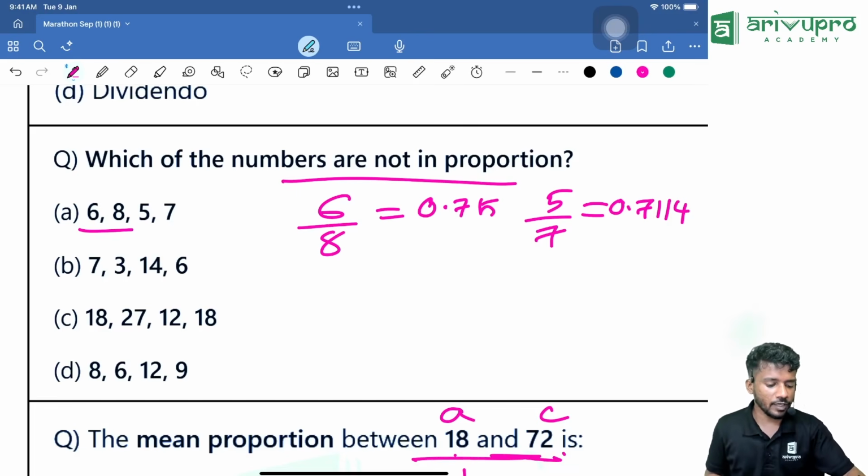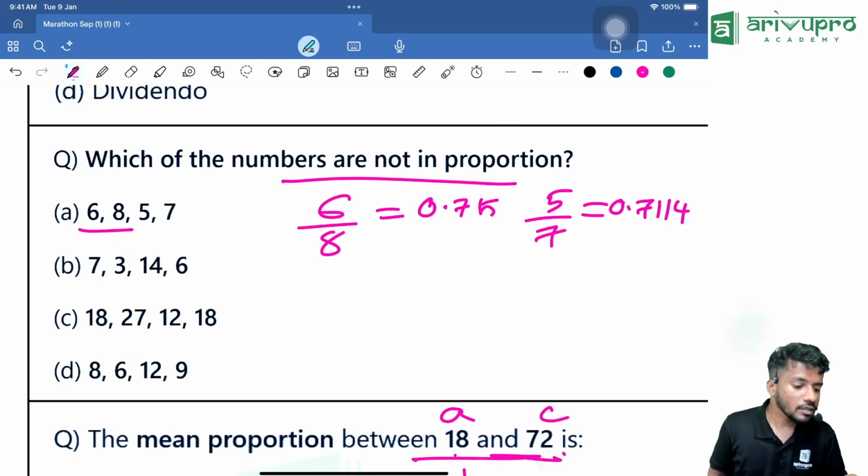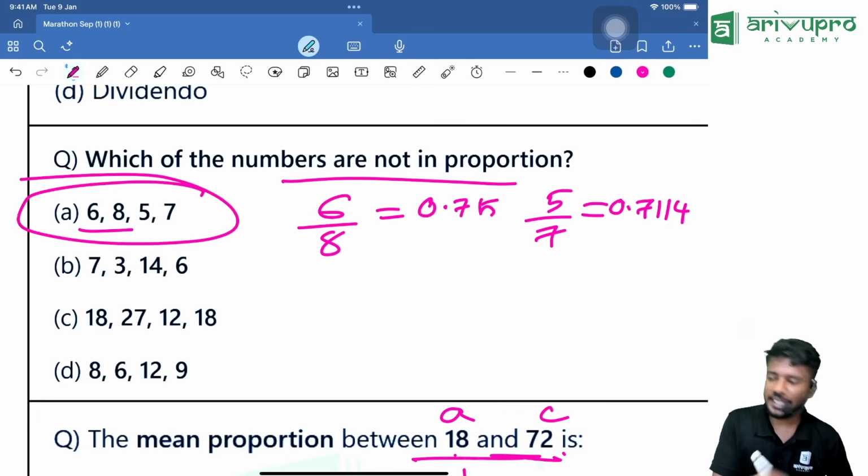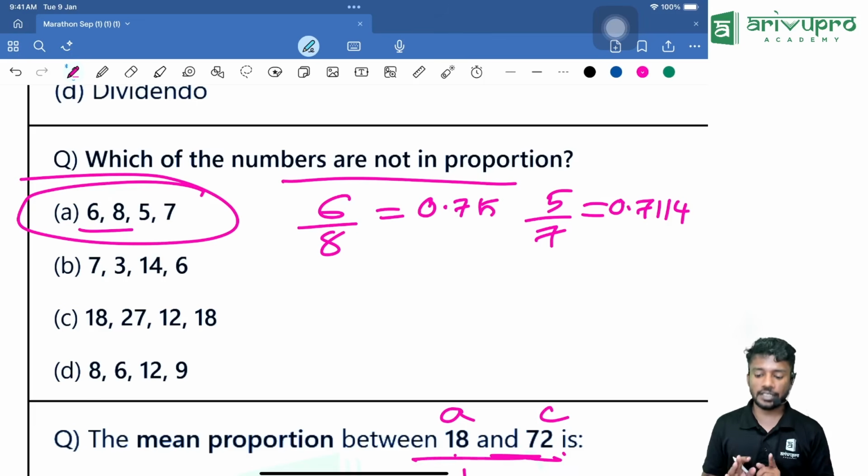Then 18 divided by 27 is how much? 0.66. Then 12 divided by 18 is how much? 0.66. 8 divided by 6 is how much? That is 1.33. 12 divided by 9 is how much? 1.33. So what is the answer? Option A is the answer, not in proportion.